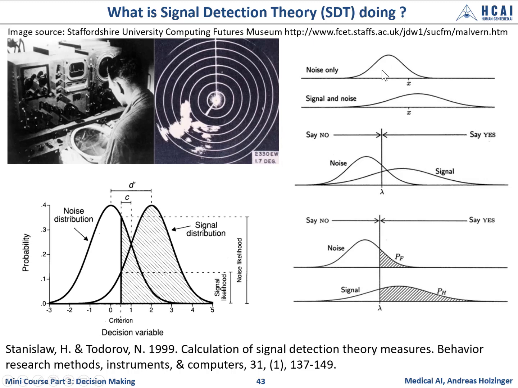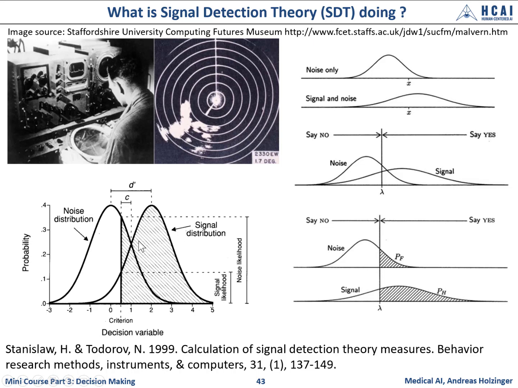So you have noise, you have signal plus noise, and you have a distance between signal and noise. This is then the decision variable. You have the noise distribution and the signal distribution, and you always have this signal likelihood and the noise likelihood. And the goal is to find out.